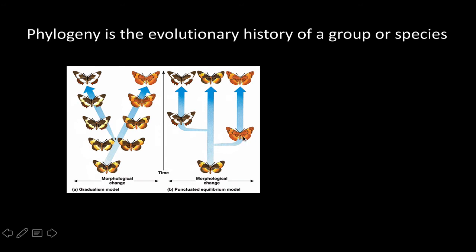A group of that species becomes isolated and starts to change and become different over time. And again, don't forget it's the big three: natural selection, mutations, genetic drift that cause these changes over time. So when you're talking about phylogeny and how a group has changed over time, you really have to think about speciation events, how a species has branched and changed and become different species over time.